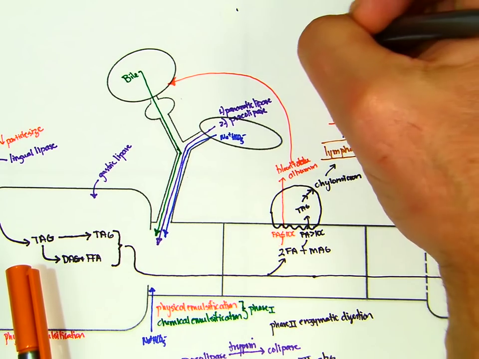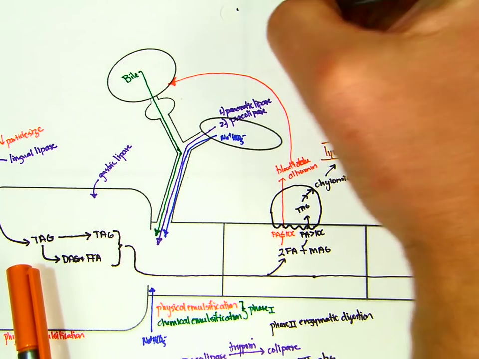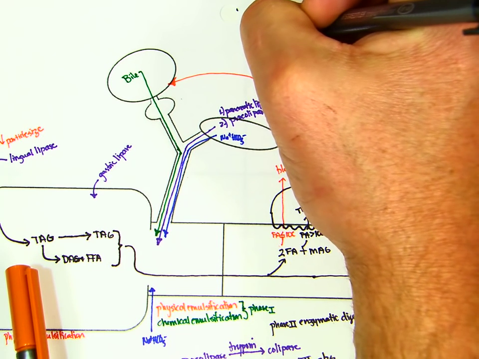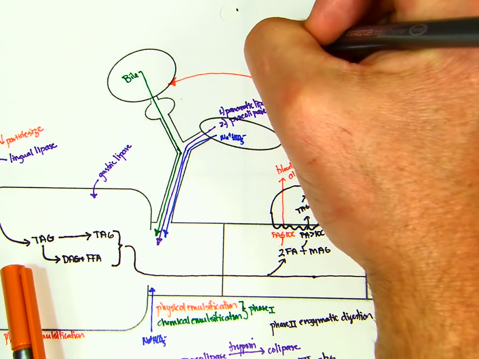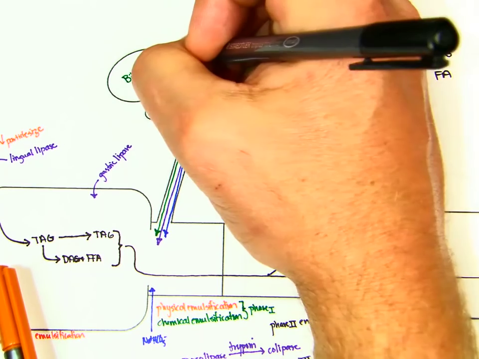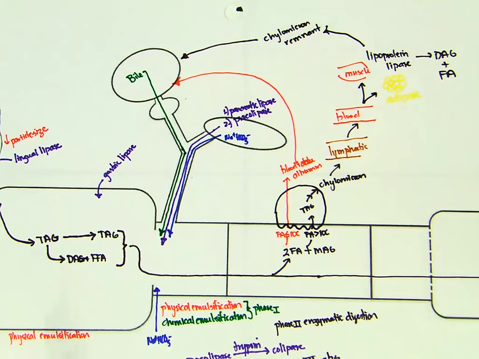And then from there, we're going to have a chylomicron remnant, which goes to the liver and is endocytosed by the liver and metabolized by the liver.